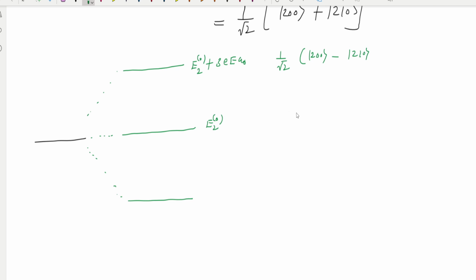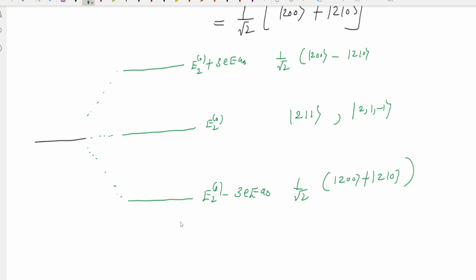There is no Stark effect, right? There is no Stark effect. Okay. 211, 21 minus 1, E2 power 0. This is minus 3 E A naught, corresponding eigenfunctions 200 plus 210.